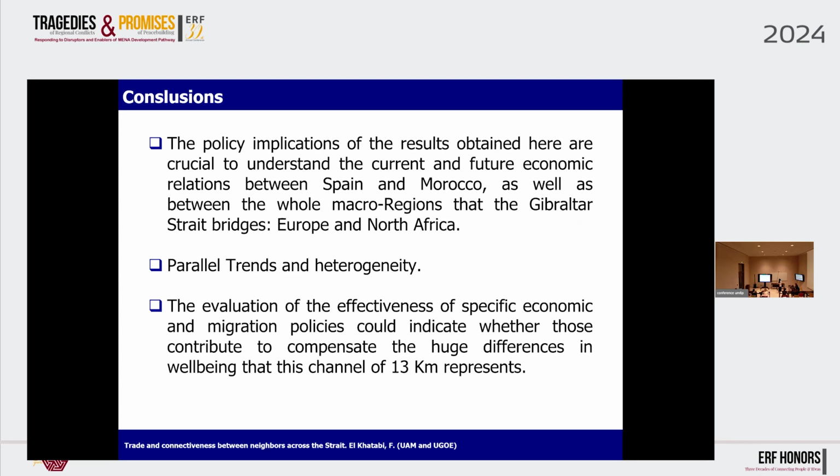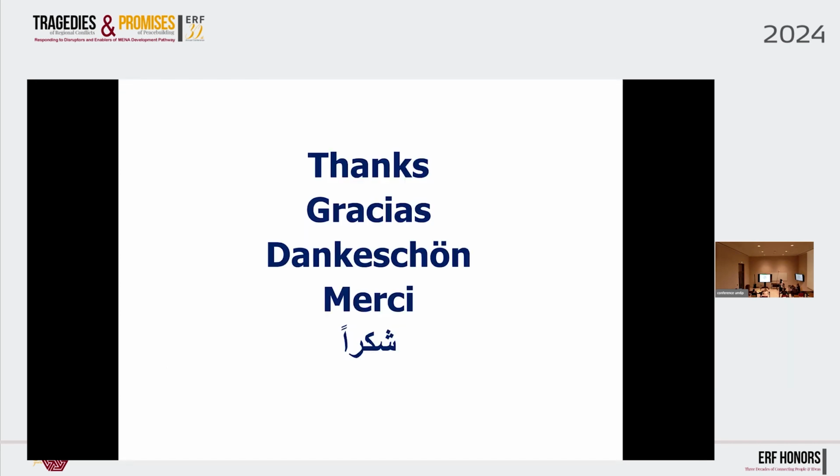The evaluation of the effectiveness of specific economic migration policies could indicate whether those contribute to compensating the differences between both countries across this channel, which is only 13 kilometers. And that's all. Thank you so much for your attention.